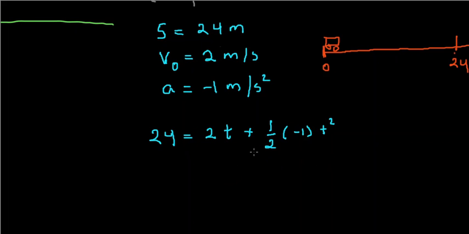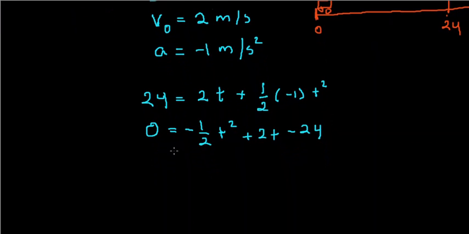And in solving a quadratic formula, the first thing that you want to do is setting one of the sides equal to 0. So it's much easier to just subtract 24 from the right-hand side. So 0 equals -1/2 t squared plus 2t minus 24. And negative numbers and this fraction are a bit scary, so let's remove those.